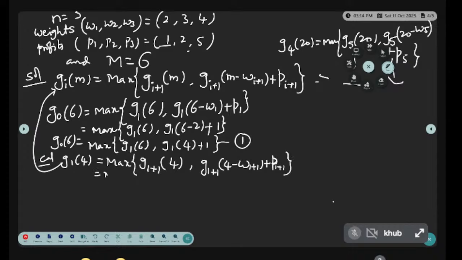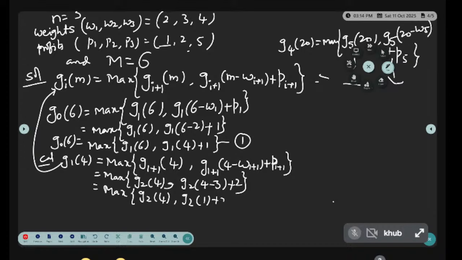This equals maximum of G2 of 4 comma G2 of 4 minus W2. What is W2? Second item weight, how much? W2 is 3, plus profit of 2. And this equals maximum of G2 of 4 comma G2 of 1 plus 2.